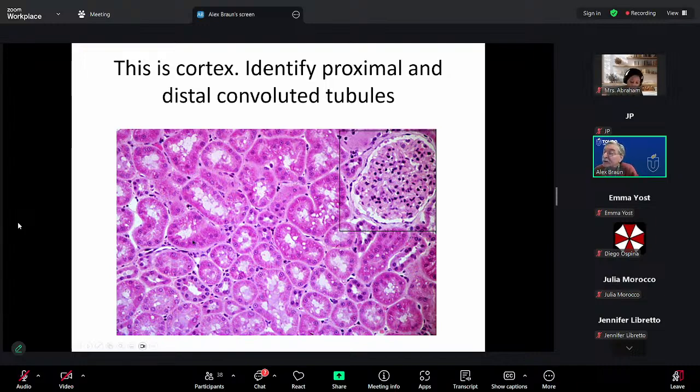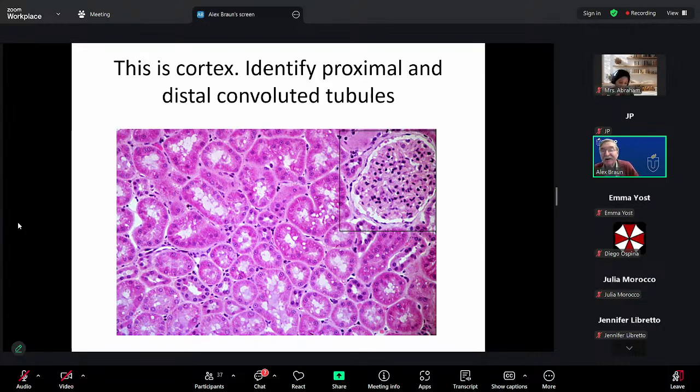So looking at this, I see cells which are taller, bigger. The nuclei are more spaced apart because the cells have more cytoplasm. So these right away look like proximal tubules. In addition, the proximal convoluted tubules have a brush border. Now, the brush border of the kidney sometimes could be a bit challenging to see. It could be a bit raggedy looking.